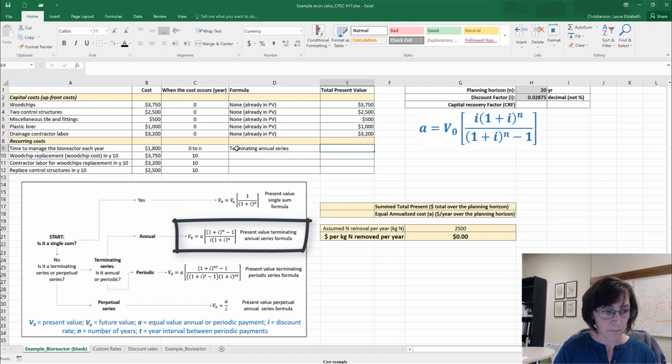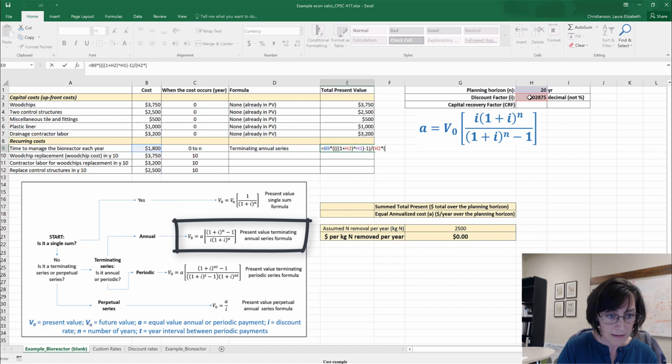So here is where we type in the formula. I have my formula written here on the screen, so equals A, in this case my itemized cost, times, I'm going to throw in a couple parentheses here, times 1 plus I, my I is here, raised to the power of my N is here, in parentheses, minus 1, in parentheses for the top, divided by, start parentheses for the bottom, I times parentheses.